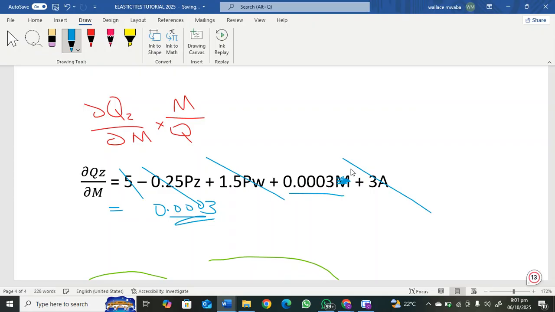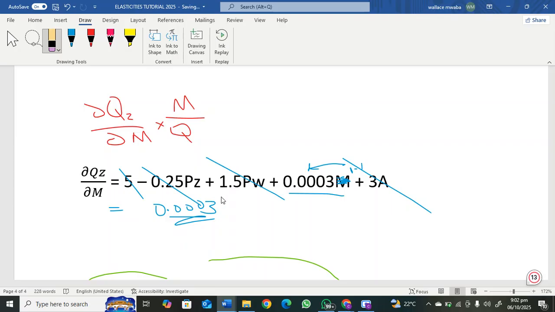The official way, remember this is M to the power 1. 1 times 0.0003 is 0.0003. Subtract 1 from the exponent, 1 minus 1 is 0. Now remember, M to the power 0 is the same as 1. But to make life easy, just rub out the letter and whatever you remain with is your answer.